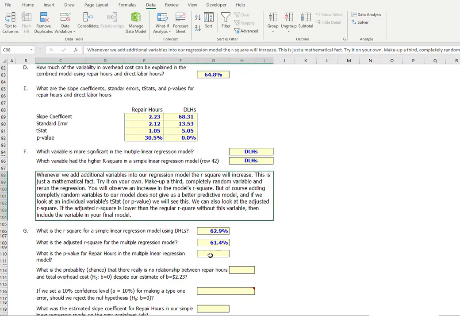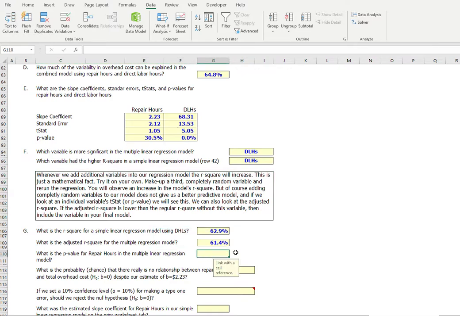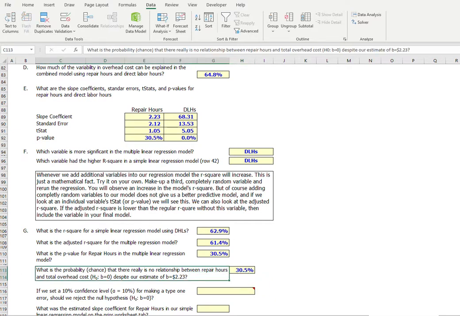What was the p-value for repair hours in our multiple linear regression model? And again, we just calculated that. That p-value is 30.5%, which means there's basically exactly what it says, a 30.5% chance that there really is no relationship between repair hours and total overhead cost. That is, the null hypothesis, b equals 0, is true.